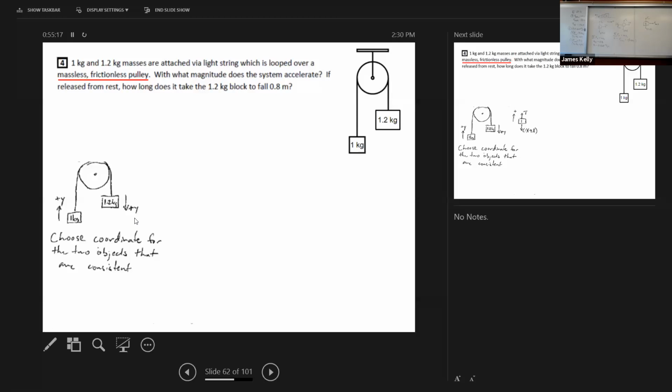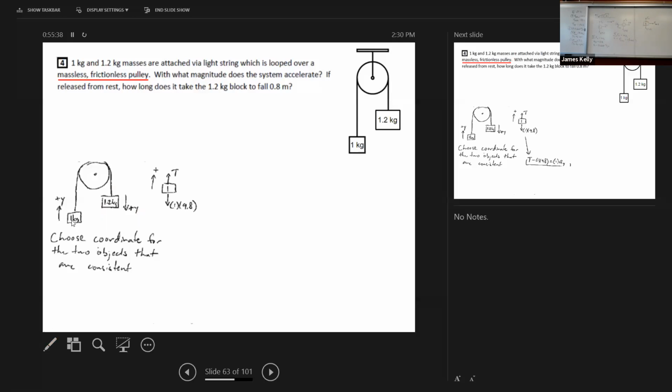And when one moves in the negative, the other one better move in the negative. So when I draw my free body diagrams, for the one on the left, I'll choose plus y is up. Once I've made that choice, I have to choose plus y down for the one on the right. Otherwise, you'll get horribly confused and get a minus sign missing.